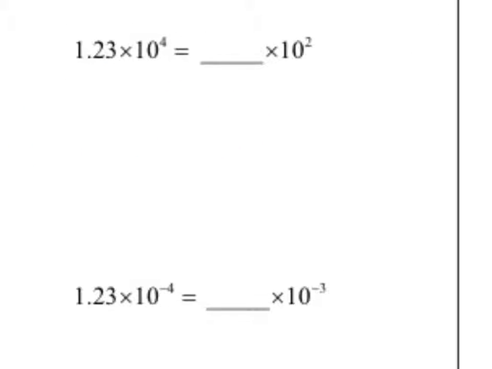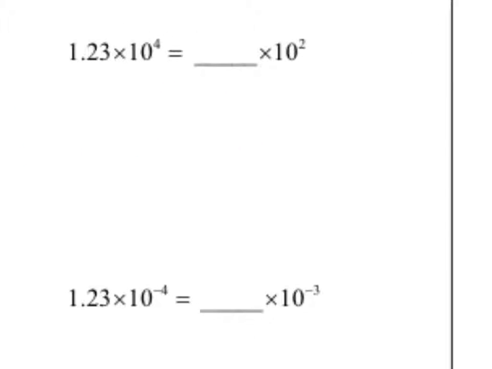Let's do another one. I need to change this one to 10 to the second. So I have 10 to the fourth, and I need to get to 10 to the second. What do I need to do to 10 to the fourth to get it down to 10 to the second? I need to add 10s or take away 10s? Yeah, I need to take away 10s. So I'm going to take two of those 10s away.